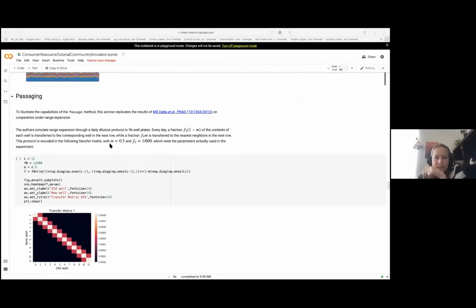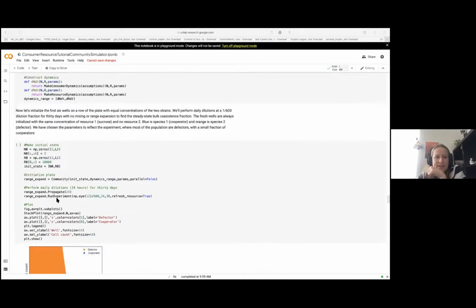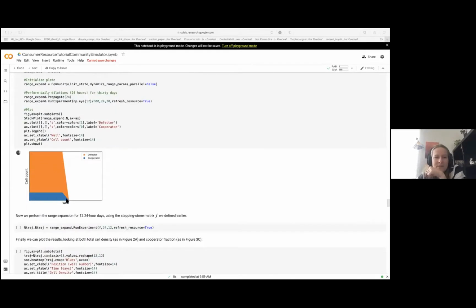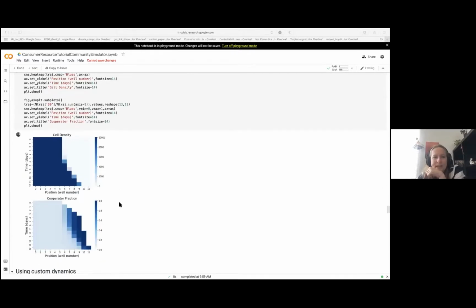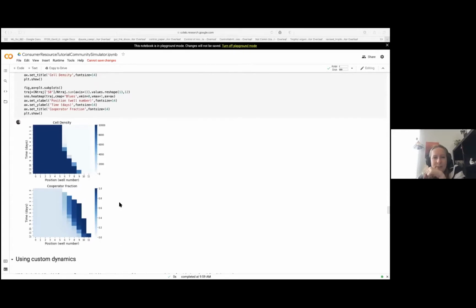So this is what they actually model in this experiment. They say that we grab the first half of our wells, and there we have just two species established, but then we start the passage into those empty cells. And this is basically how it happens. This cooperator is this primary degrader strain, and you can see that it has this front that gets propagated throughout your experiment, and the dark blue means that you have a high abundance of this degrader strain.